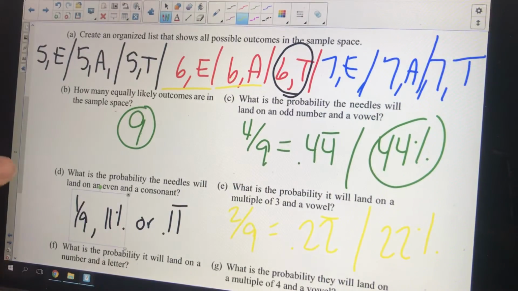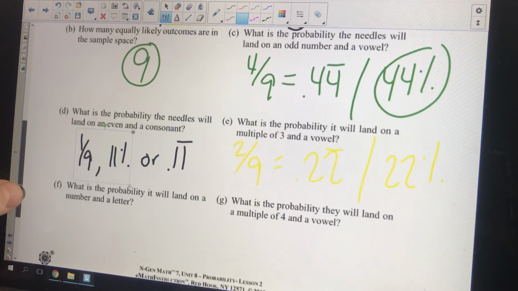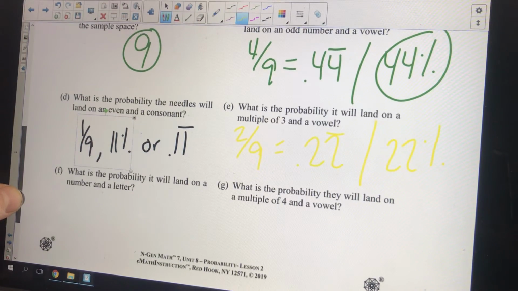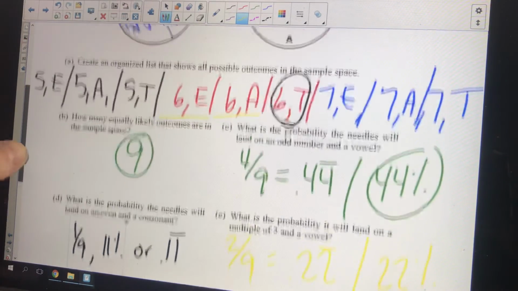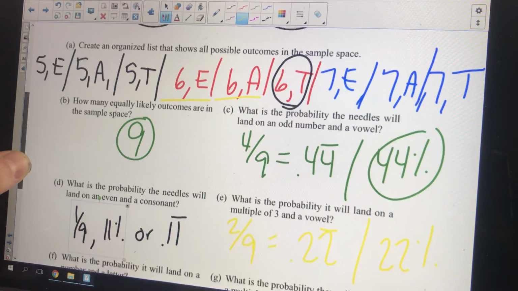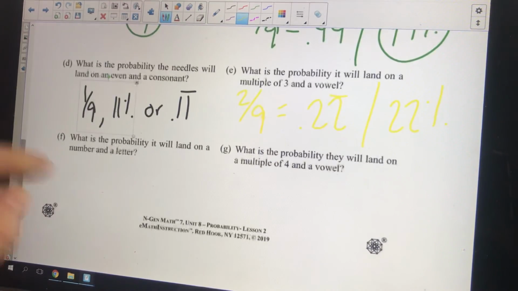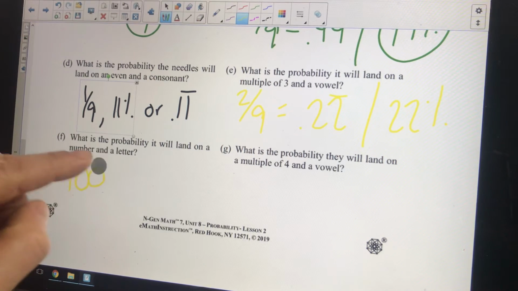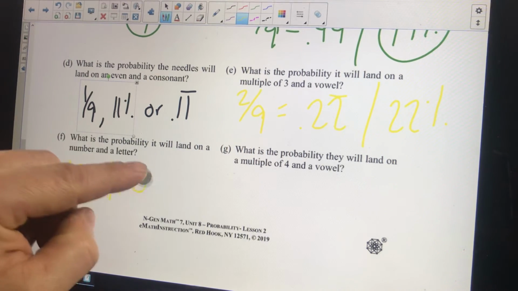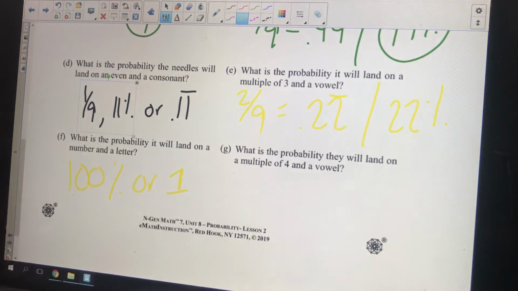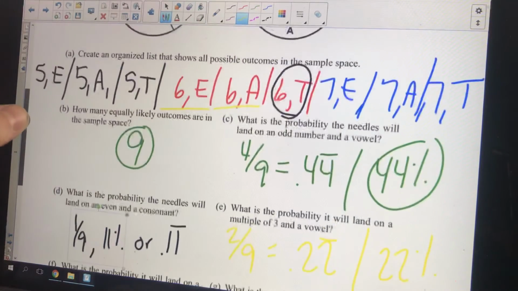Letter F. What is the probability that it will land on a number and then a letter? All of them, 100%, right? The probability is 1, meaning it has to land on a number and then land on a letter.